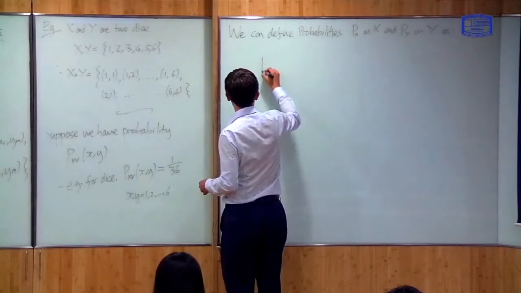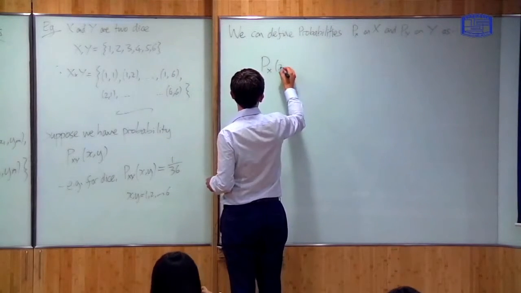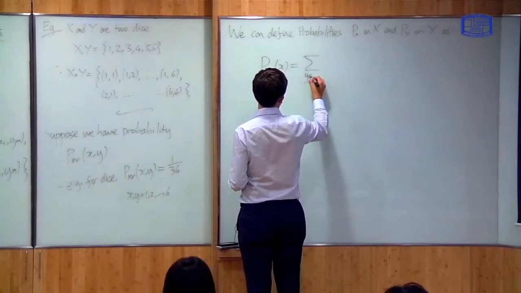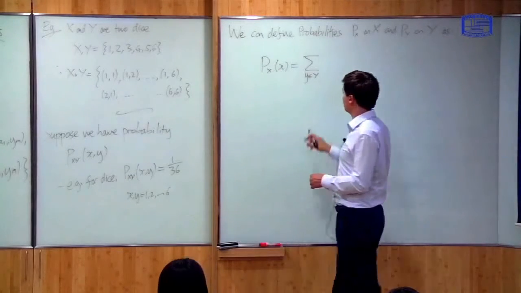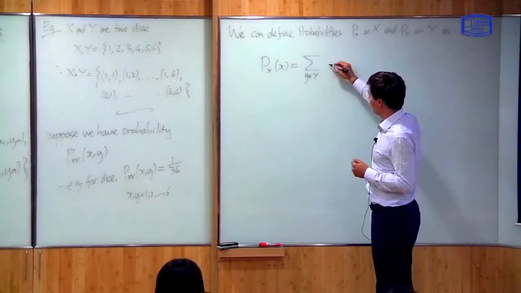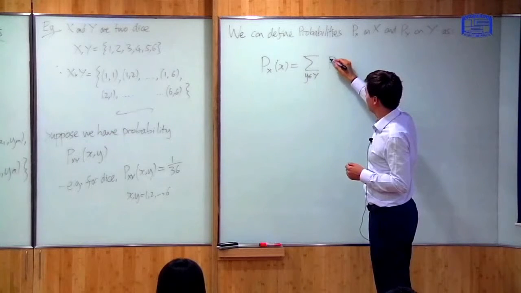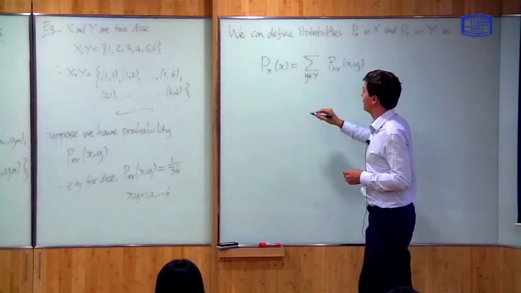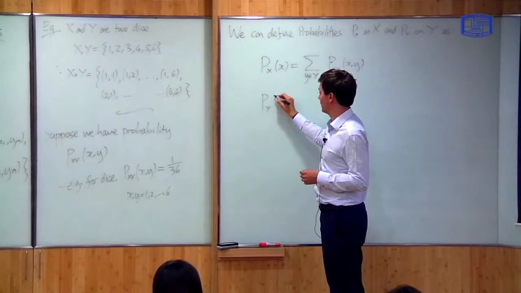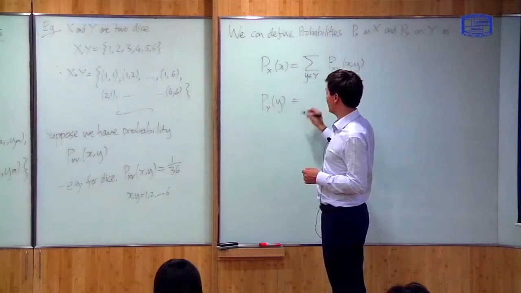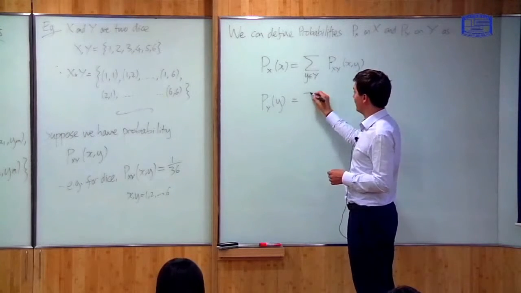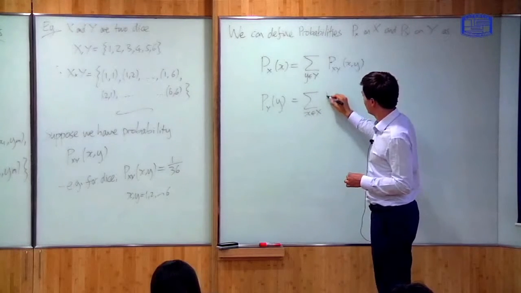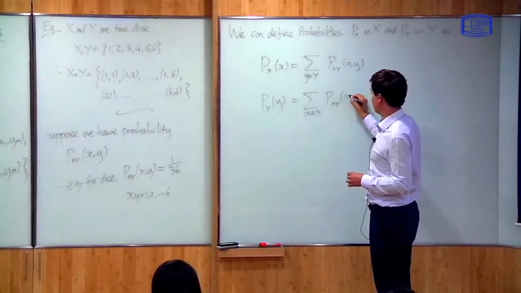We define the probability of some event x as the sum over all possible events for Y of the joint probability of x, y. And similarly, we define the probability of event y as being the sum over all possible results for X of the probability of x, y.